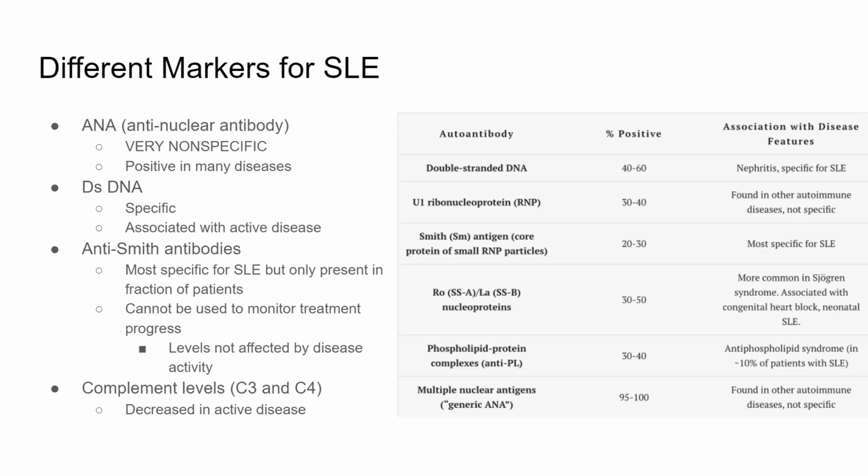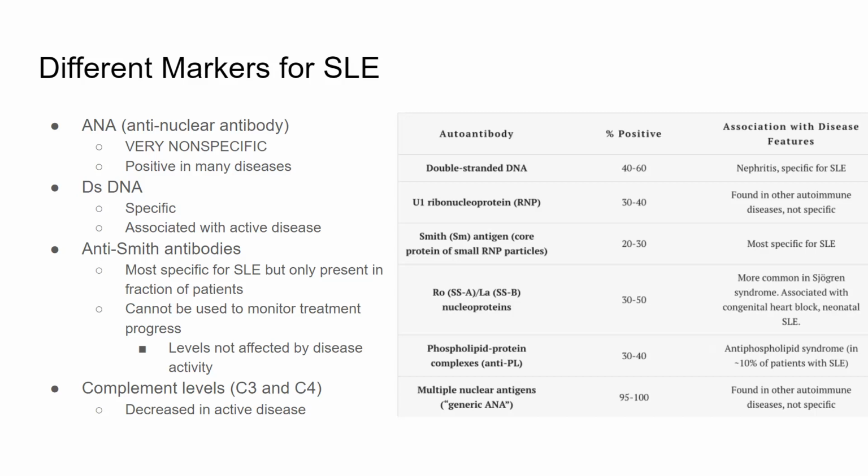But ANA by itself is not specific to lupus. It is present in a lot of other diseases, and even some drugs can produce ANA in the body. So ANA by itself does not mean lupus, because people with even rheumatoid arthritis can have ANA positive. So don't focus too much on that in a vignette because it's not necessarily going to point you towards lupus or something else.